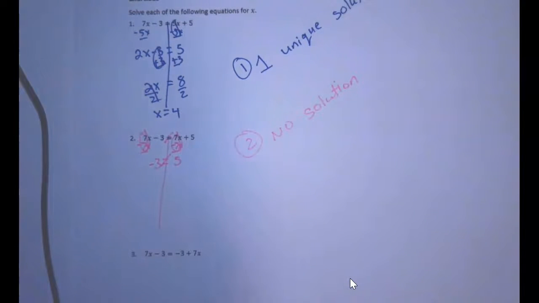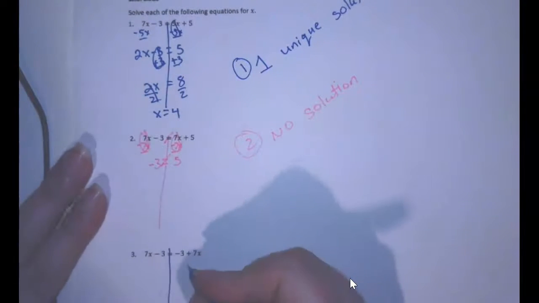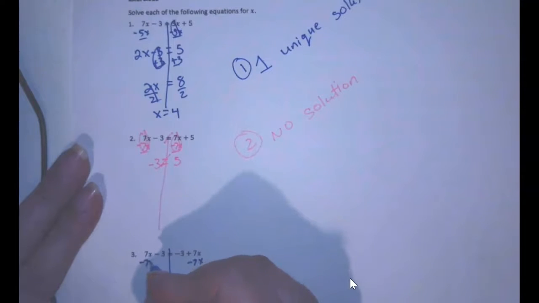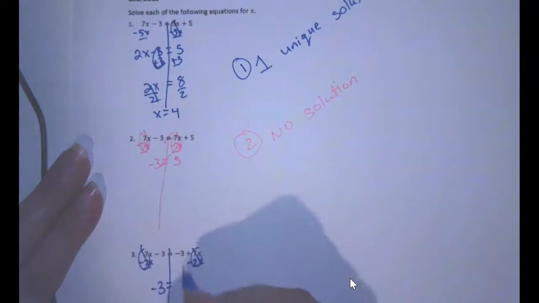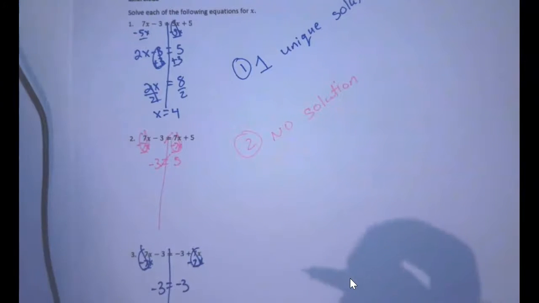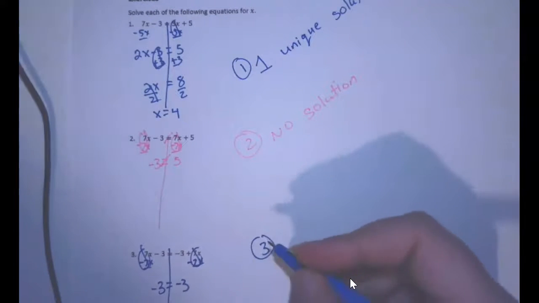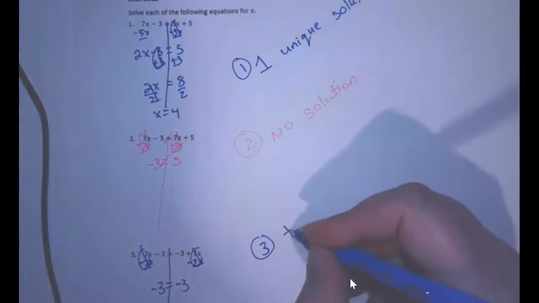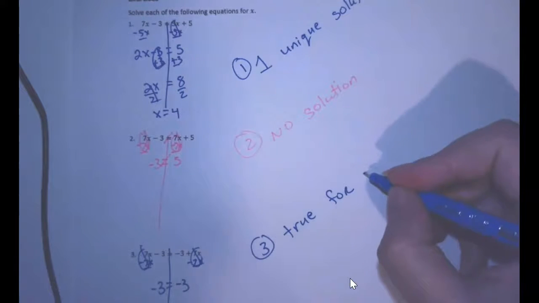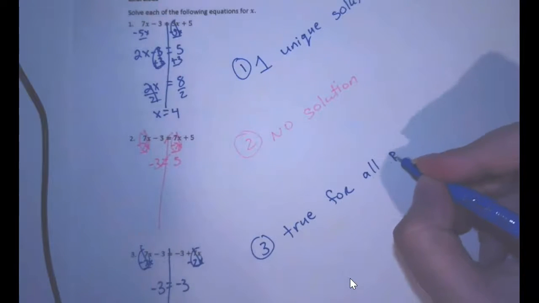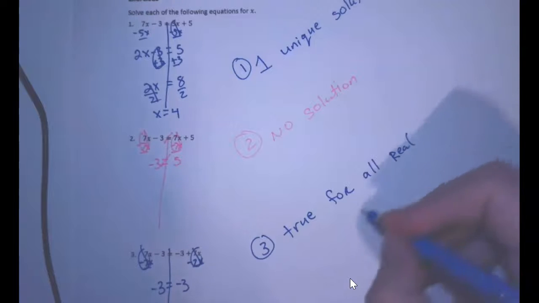The next one, if we were to move all the variables to the same side, we see we get negative 3 equals negative 3, which is always true. And that brings us to our final classification, which is true for all real numbers.